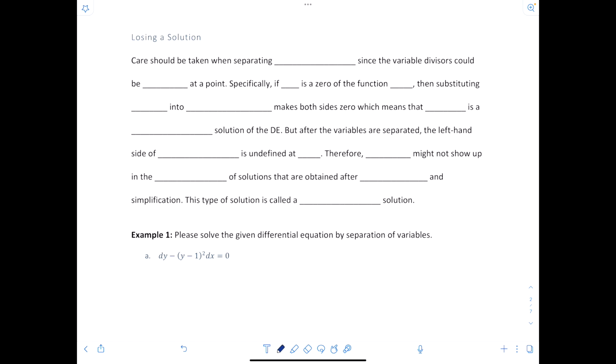So care should be taken when separating variables, since the variable divisors could be 0 at a point.